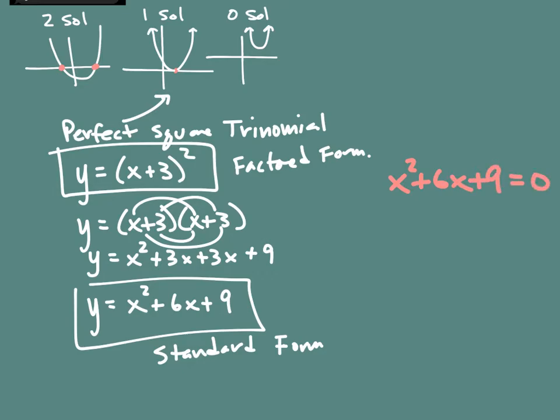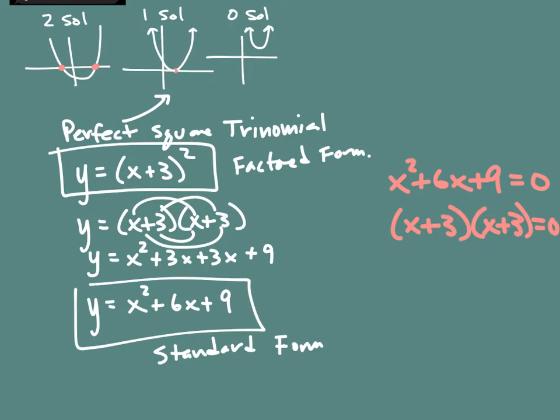If I were to solve this equation, I would factor it first. Two numbers that multiply to 9 and add to 6 are going to be 3 and 3. Because this repeats, because you have the same factor twice, it's going to bounce off the x-axis at that point. You'll probably learn more about that, but when the factor happens more than once, that's what's going to happen.